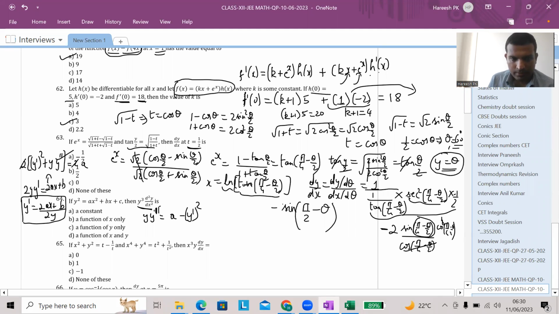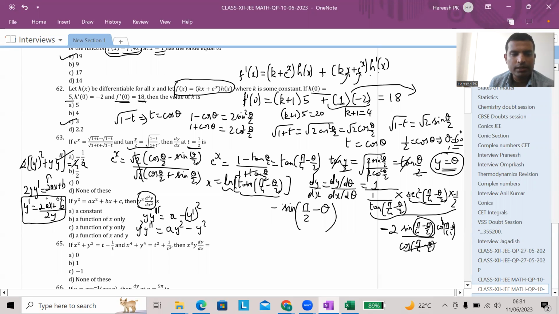Now in the question, they're not asking for y double dash into y. They're asking for y double dash into y cube. So I multiply by y square on both sides. So I get y cube into y double dash is equal to a y square minus y square into y dash whole square.